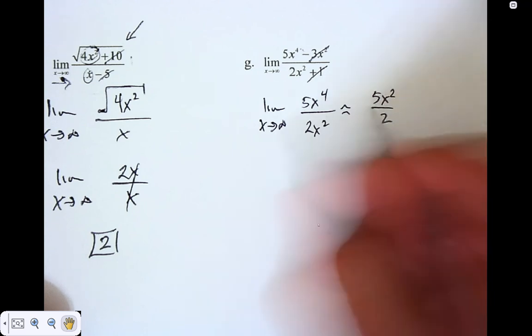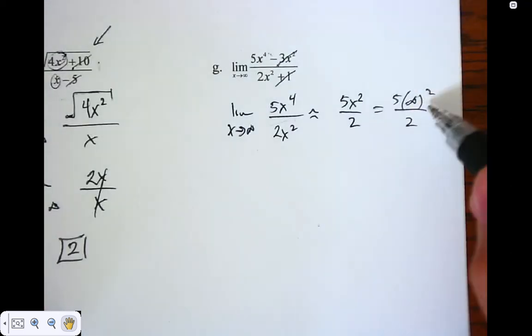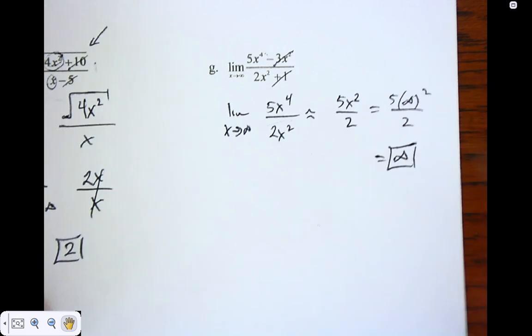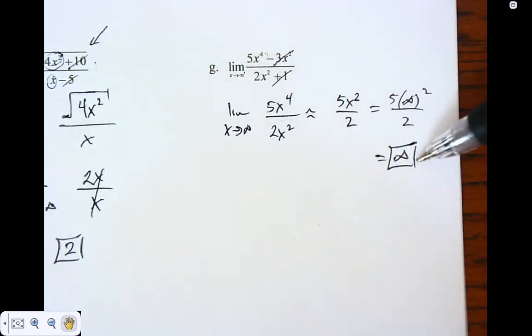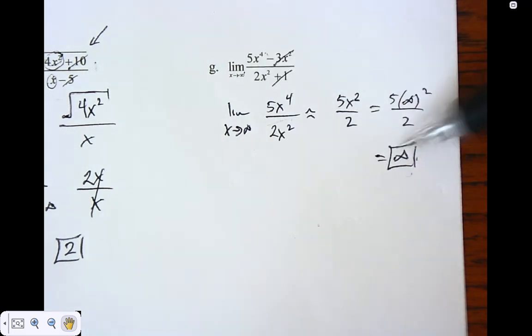And then, well, what happens when I plug in infinity? What does 5 times infinity squared over 2 look like? That's just a massive number. Cut it in half, it's still massive, okay? And so as you go to the right, you are growing without bound. Right? You are just going up and up and up. Your y value is approaching a value of infinity.